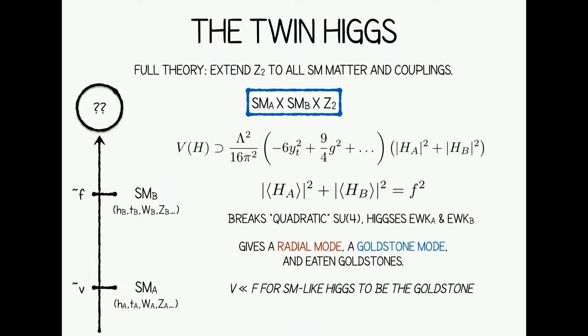And we also have to worry about the potential, in particular the quartic terms for these. So in general, I can write down a quartic that respects the full SU4 symmetry. So that would be something of the form mod HA squared plus mod HB squared.